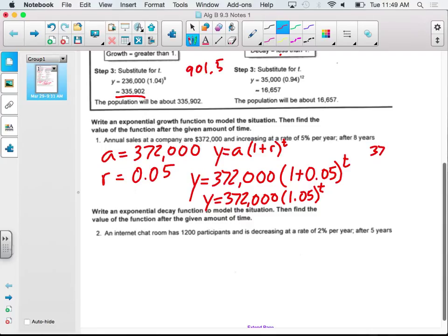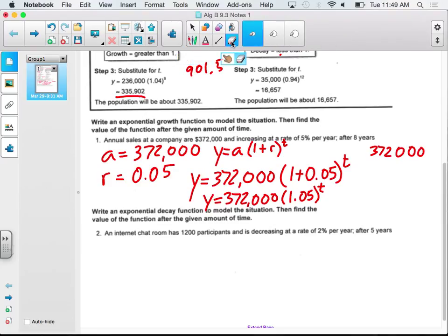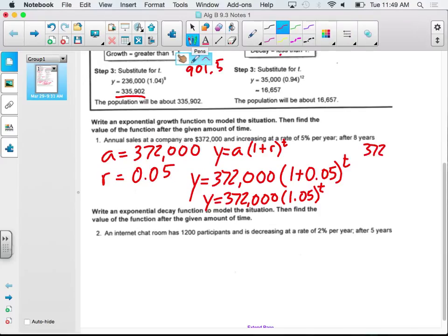So you have 372,000 times 1.05 to the 8th. So what is 1.05 to the 8th power?